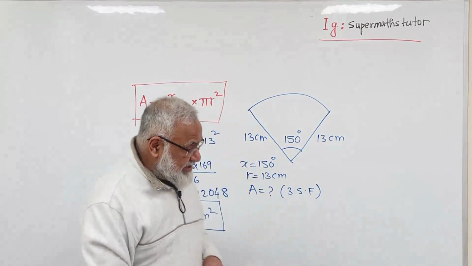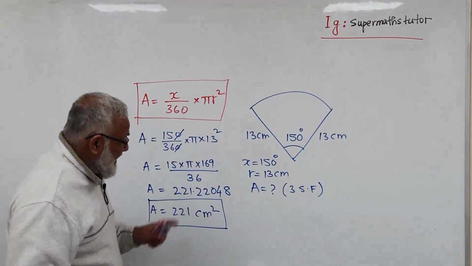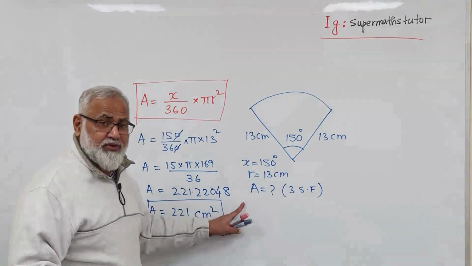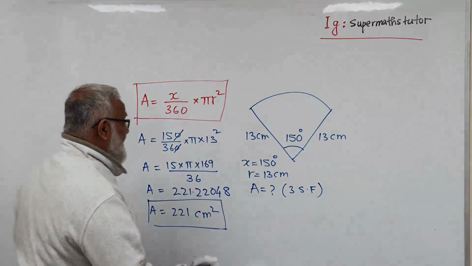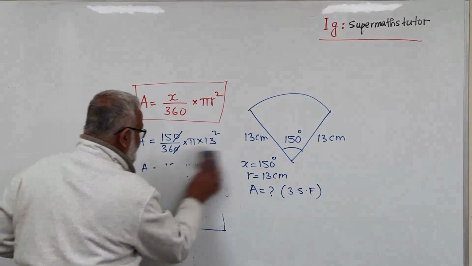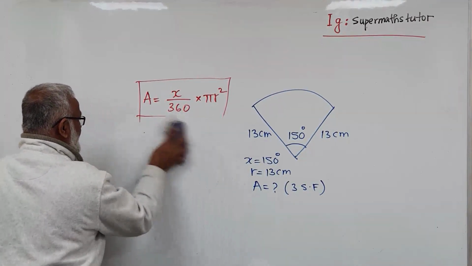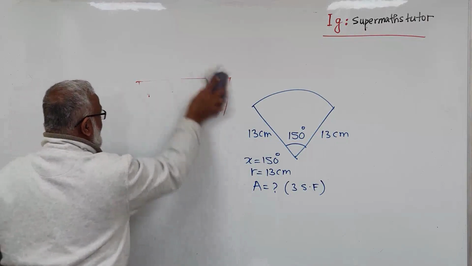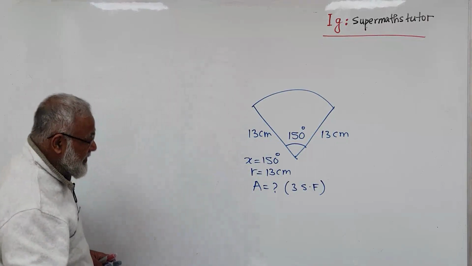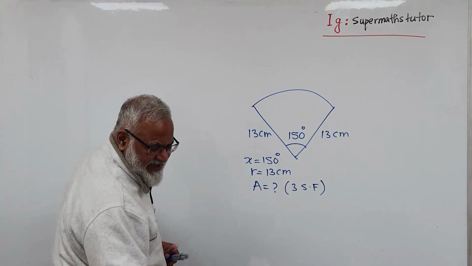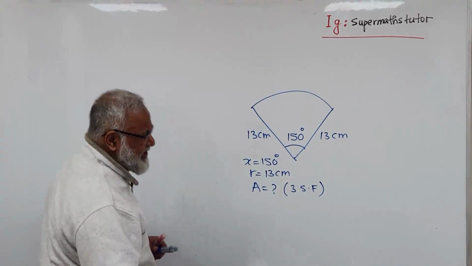Now I am going to do the second question. So the second question I'm going to do with the same thing, but this time I'm not going to ask you the area. I'm asking the length of the arc. Basically, in fact, I will do one more question. All right.